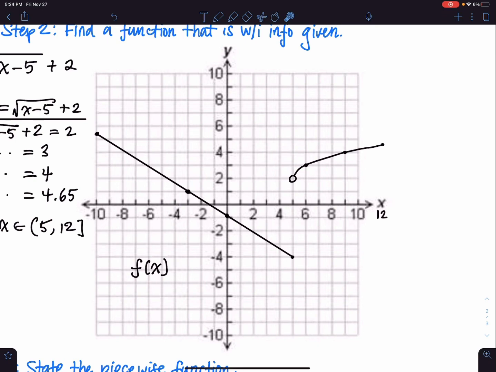And some of you may ask, how should I know to put a hole there? The reason is that it doesn't really matter where you put the hole, but you have to have a hole and a solid point. Because if you were to fill this point in, let's say I'll just fill this in for now, this wouldn't make any sense and you would get marks deducted because a function can't be in two places at once.